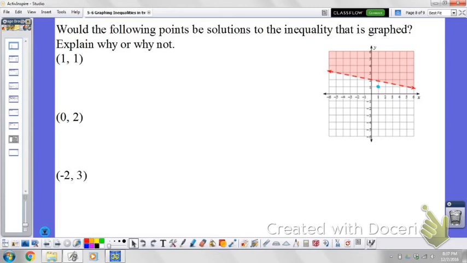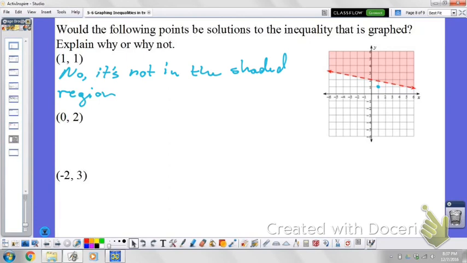And that is clearly not in the shaded area, so this is not a solution. So no, it's not in the shaded region.